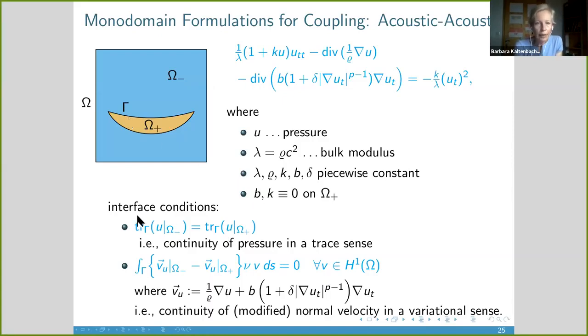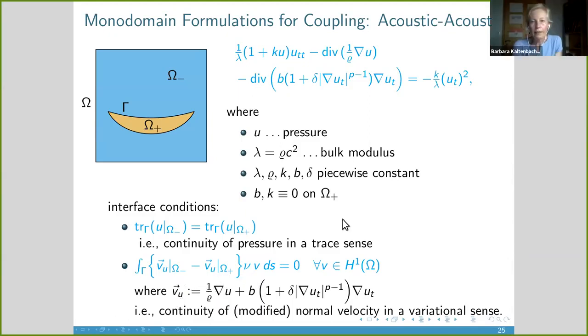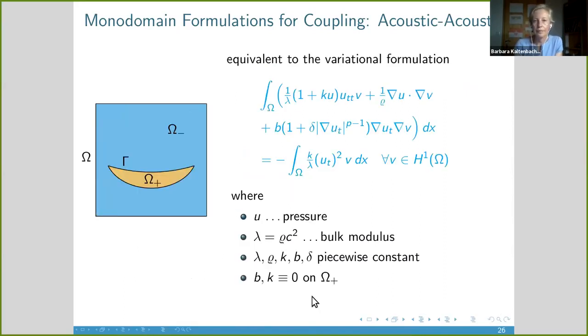Mathematically, the way we demand continuity of pressure is really in a trace sense, and the way in which we demand continuity of the velocity is in a variational sense here. And it's also due to this nonlinear damping, so this P-Laplace damping term that we have introduced, it's actually not the velocity itself, but a sort of modified velocity that is continuous over the boundary. And with this, one can really write it in a monodomain formulation with this weak formulation.